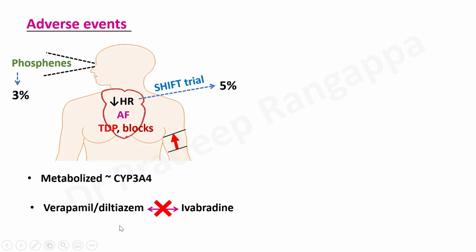So for all the listeners, bear in mind that drugs which act through cytochrome 3A4 metabolism should be used with caution with Ivabradine, because they can significantly increase its serum concentration, especially in cardiac patients. Anyone who's on verapamil or diltiazem, Ivabradine should not be used.